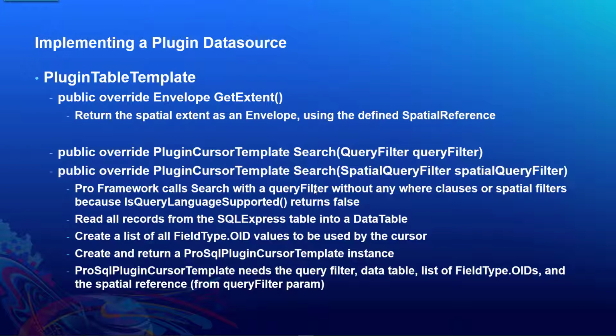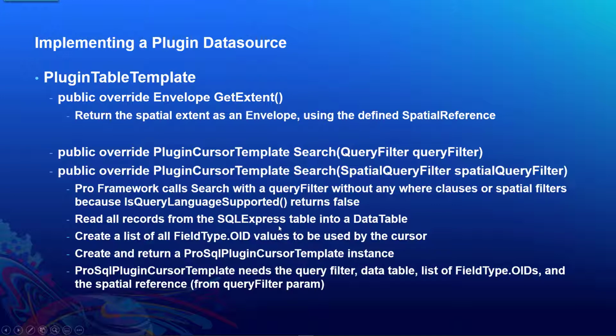When it returns false, there are no where clauses or spatial queries that need to be performed on my data, so I can read all records from my SQL Express table, and I use a data table as a temporary in-memory placeholder. I also create a list of all field type OID values. Remember, that's the primary key on my table. And eventually that list will be used by the cursor.